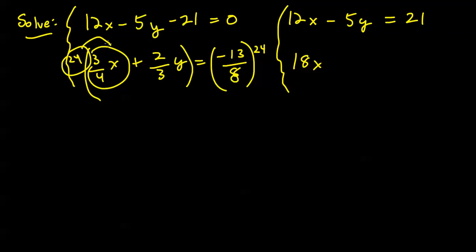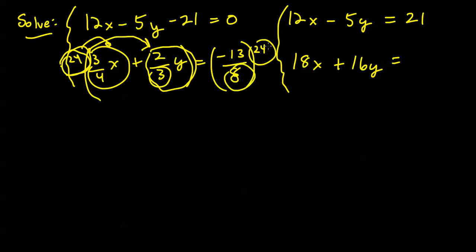What about 24 times 2/3 y? Well, cross-canceling, 3 goes into 24 8 times, and 8 times 2y is plus 16y. Equals. Now on the right, 8 goes into 24 3 times, and 3 times minus 13 is minus 39. Alright, so with a little careful housekeeping, I have both equations in standard form with no fractions to deal with.